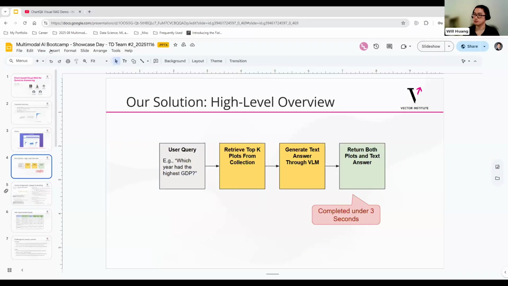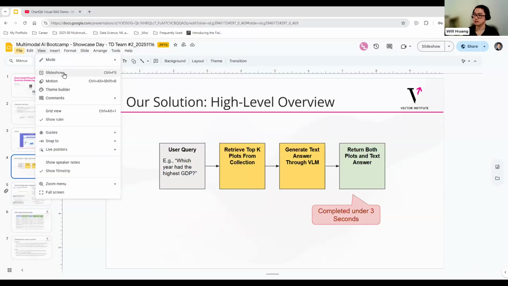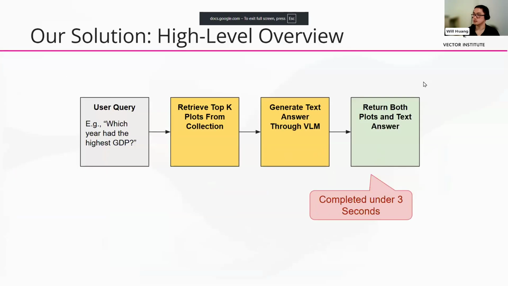And here, if I go back to the slideshow, here is just a high-level flowchart of how the visual RAG works. It's simply a summary of what I have mentioned so far.